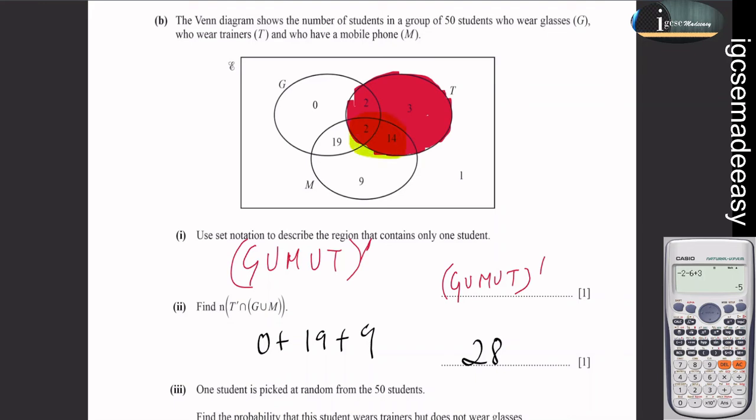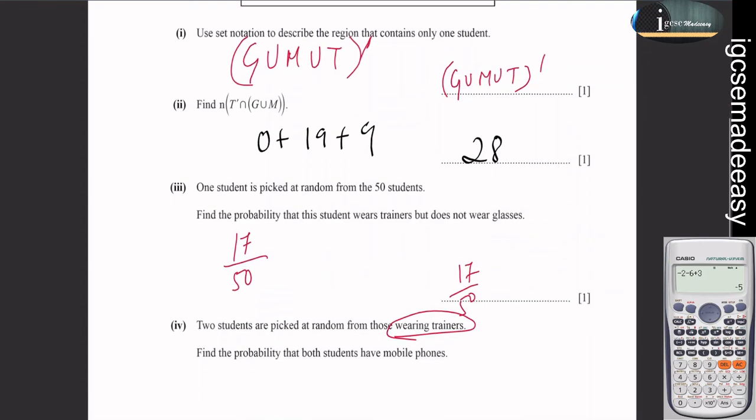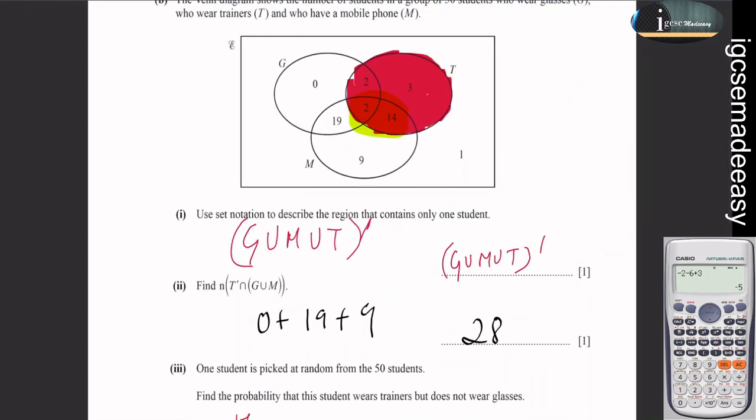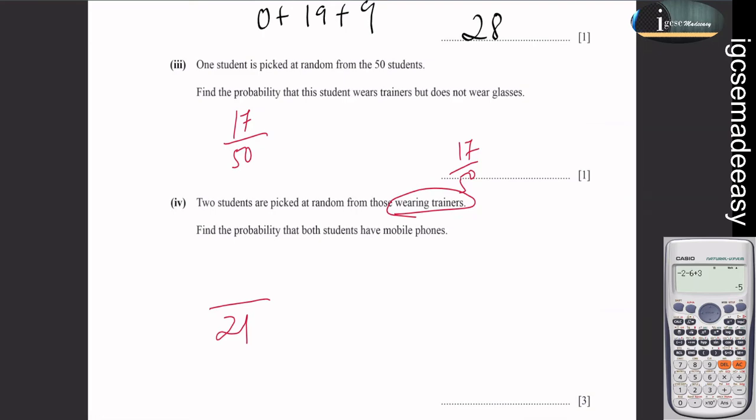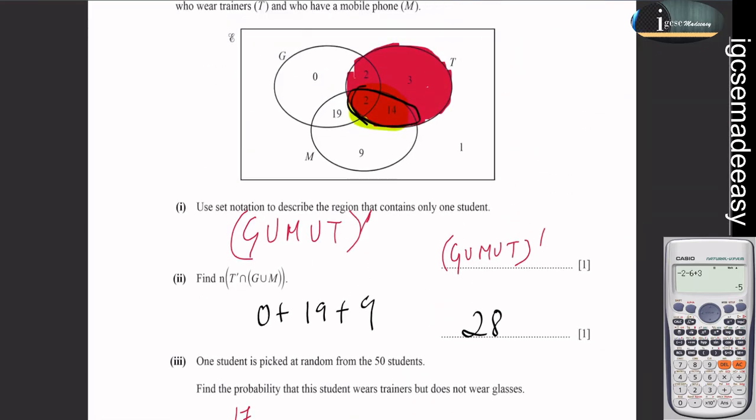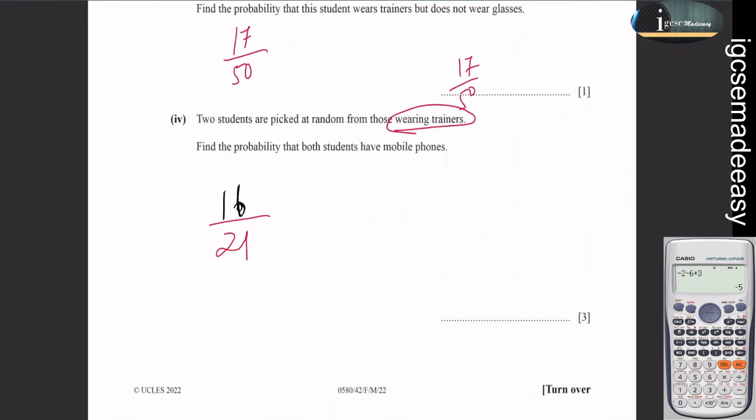So the ones who use the mobile phone are 14 plus 2, right? 16. It's not shaded properly, but I'm talking about this one. Trainers wearing but also using the mobile phone, that is 2 plus 14, right? So 2 plus 14 is 16. So 16 students out of the 21 students are using a mobile phone who are wearing trainers.